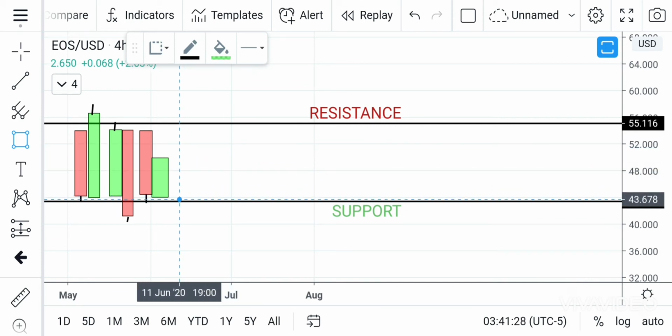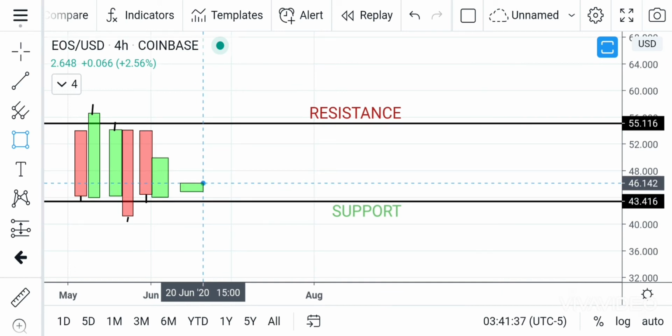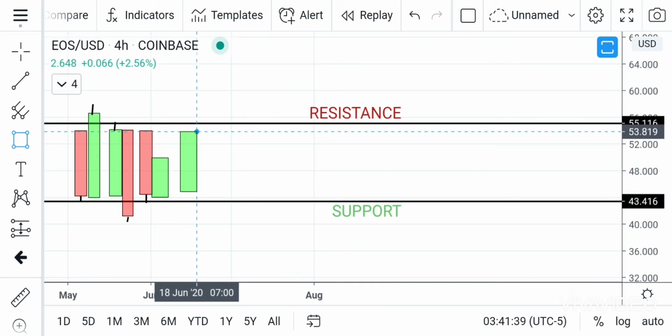The dark cloud cover is a weaker form of a bearish engulfing pattern. So you have a bullish candle going up to resistance, and you have a little price rejection over here.